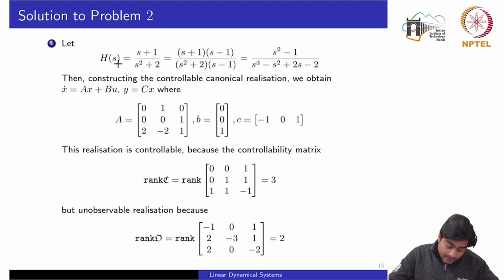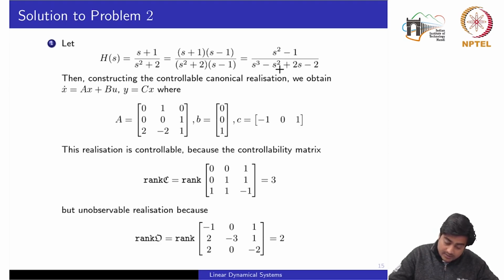So to obtain the unobservable realization, what we have done here, in this transfer function we have added one polynomial factor both in the numerator and in the denominator. Okay, so opening this polynomial we would obtain this one.